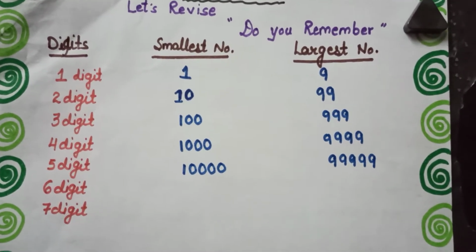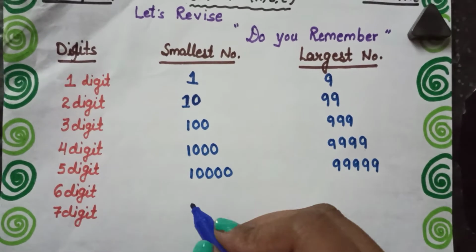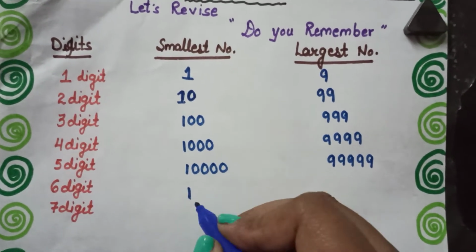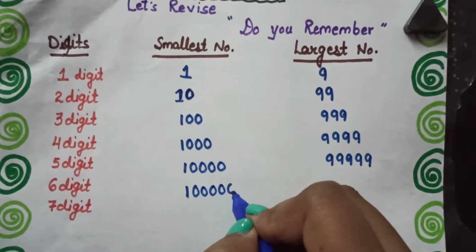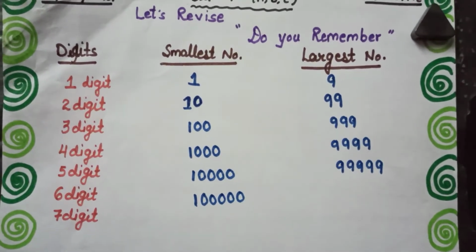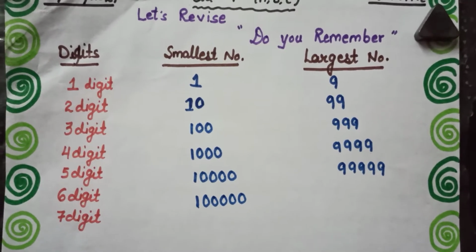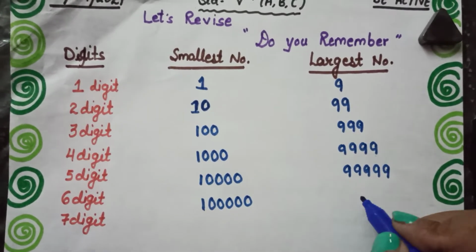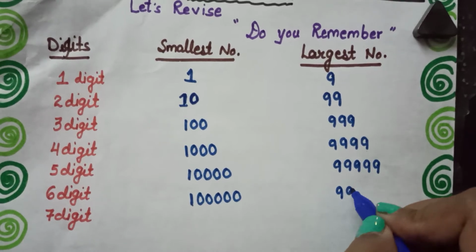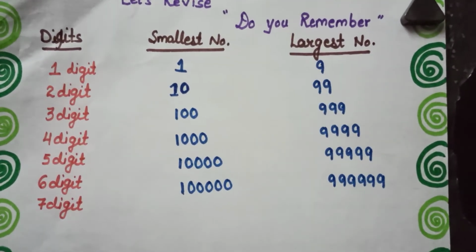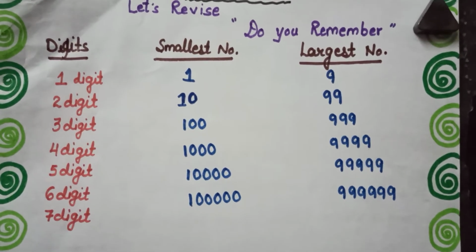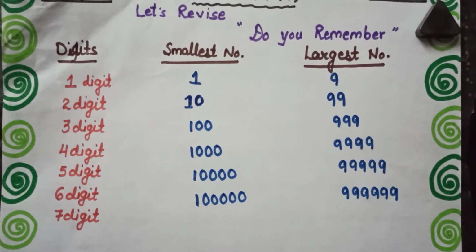Okay, then the 6 digit smallest number will be: 1 time 1 we will write and 5 times 0. This is how we are going to write the smallest number. Now for the largest number, we will write 9 six times. This is the largest number of 6 digit.